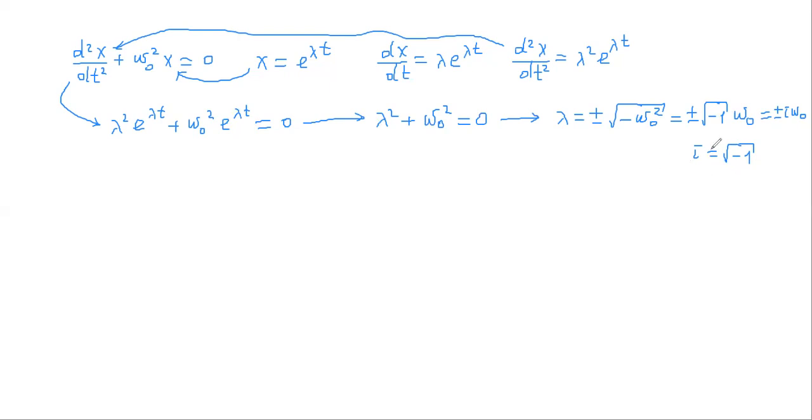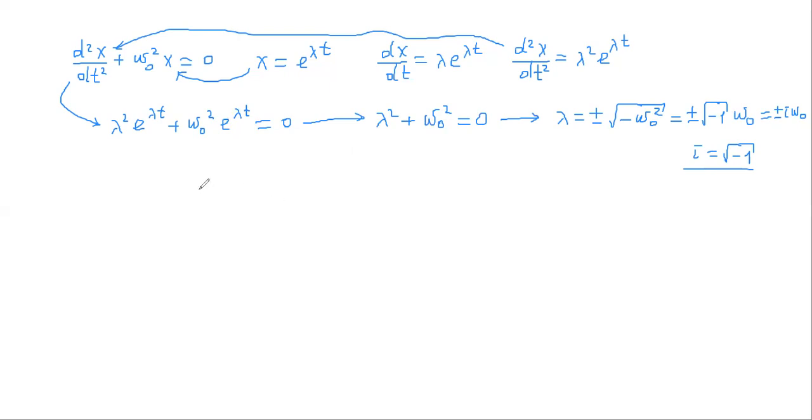In complex numbers we can write a number equal to the square root of a negative value. Okay. So we have obtained that lambda may be equal to one of two values, plus i omega 0 or minus i omega 0.